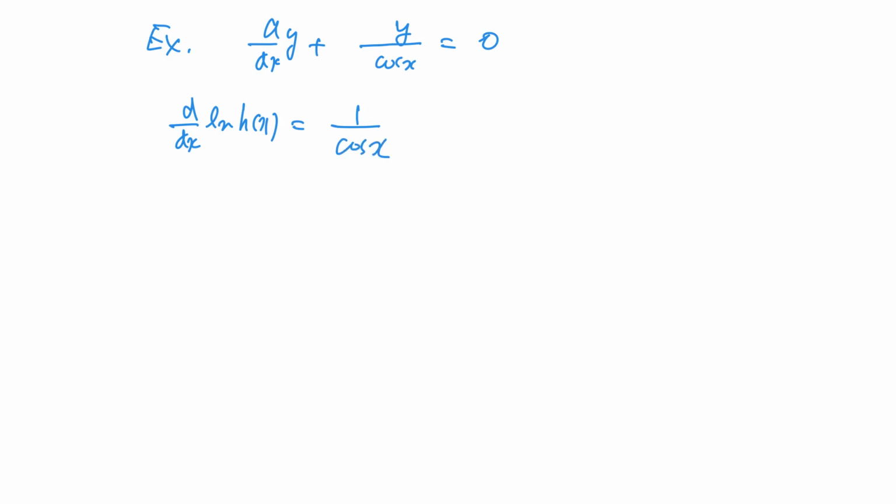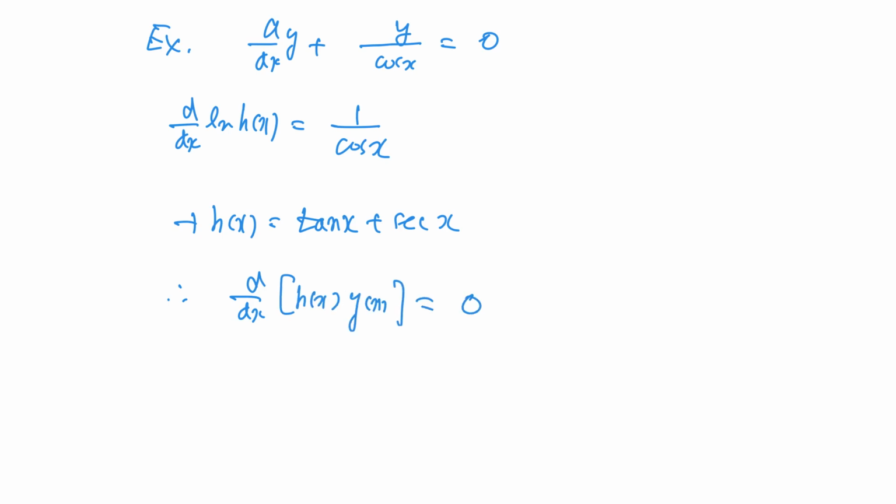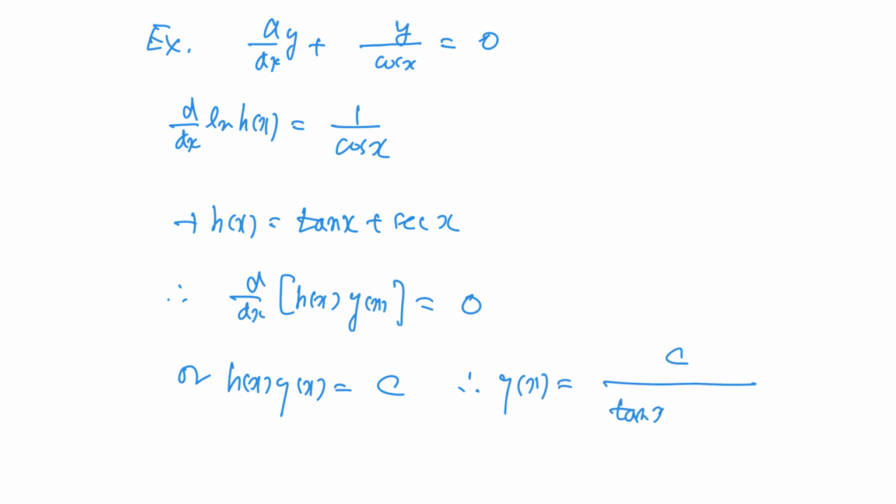We know that h(x) is tangent x plus secant x. Therefore, d/dx h(x)y(x) is equal to 0, or h(x)y(x) is equal to c, as y(x) is given by some constant over tangent x plus secant x.